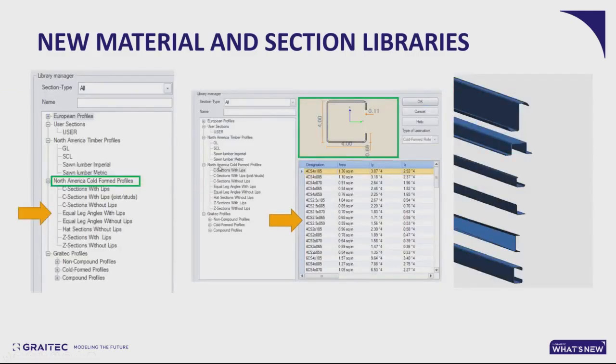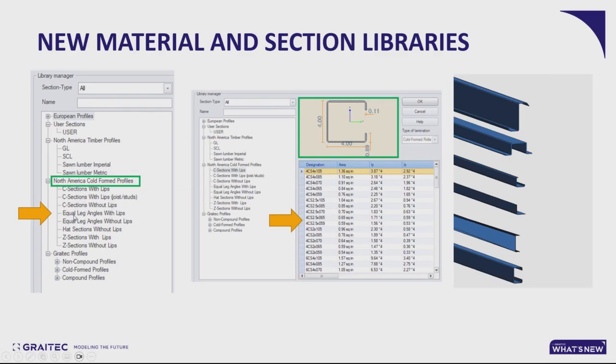Same scenario for sections. In order to assign your cold form sections to your project, you basically go to the library of sections in Advanced Design, and you will find a new entry here, which is called North American cold form profiles. Currently we have all of the standard library sections, so C sections with lips or with joists and studs, C sections without lips.